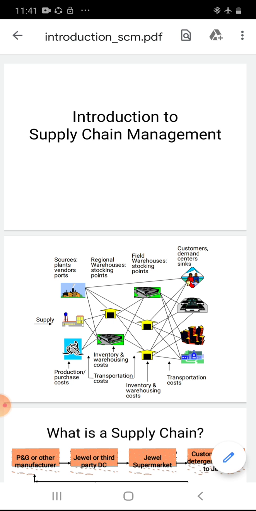So come towards the importance of SCM. What is SCM? The concept of supply chain management has evolved into one of the most important management concepts of the last decade.